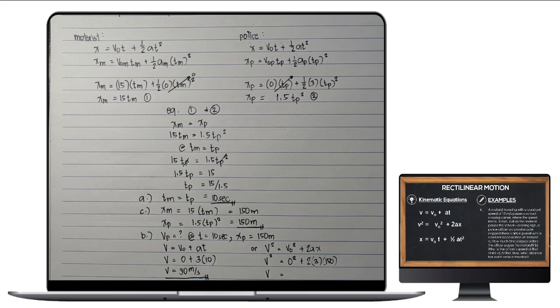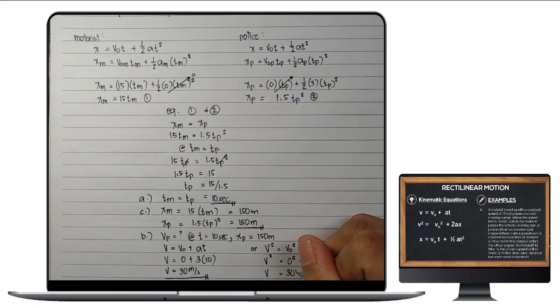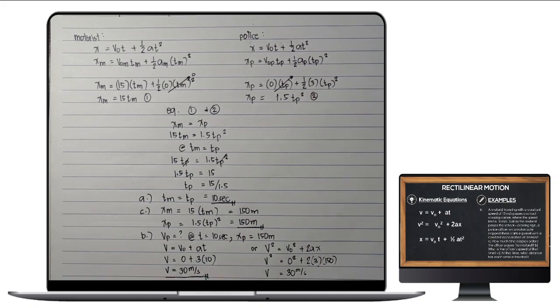Okay, and that is the same. Because 2 times 3 is 6, times 150, that is 900. And the square root of 900 is 30. So that is the same 30 meters per second. So both are the same.